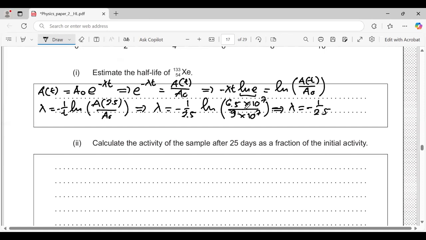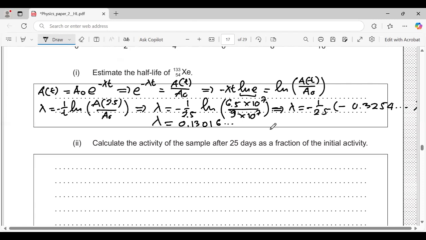If you calculate this, the result is minus 0.3254, and then the result is 0.13016 per day. This is lambda.